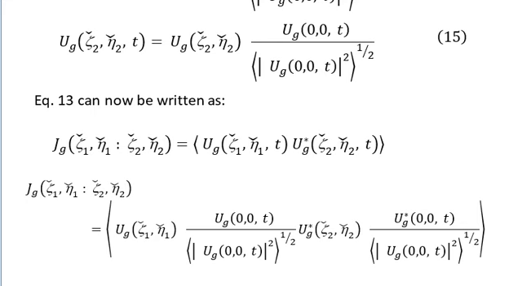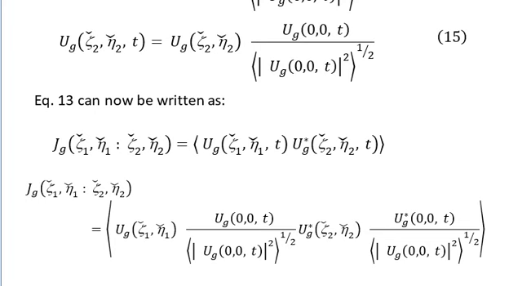So let me read that one: J subscript g as a function of zeta 1 and eta 1, and zeta 2 and eta 2, that is the mutual intensity between these 2 points, is equal to the time averaging of the phasor at point zeta 1, eta 1 as a function of time, multiplied by the complex conjugate of the phasor at the point zeta 2 and eta 2, also with respect to time.